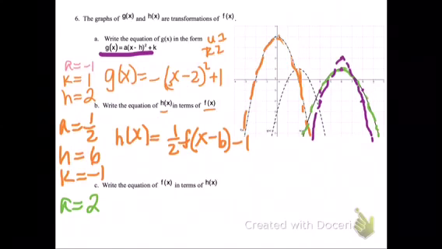So now I can talk about, okay, what shifts happened. Well, if I look at this vertex to my new vertex, I went over 1, 2, 3, 4, 5, 6. So I went left 6. Then I went up 2.